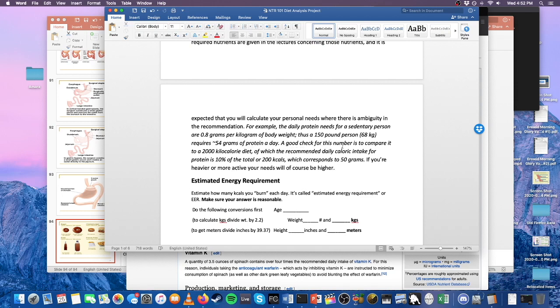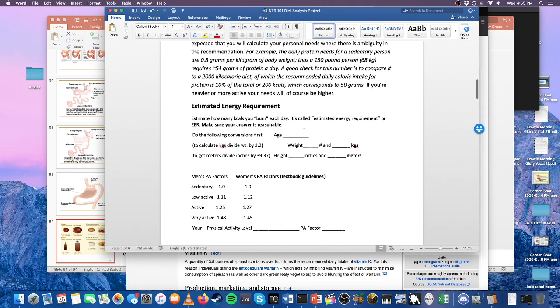If you multiply this by 4 calories per gram, that's about 200 calories of protein. And if you're following the guideline of 10% of your calories being from protein, that means you're on about a 2,000 calorie diet. This number is actually a little bit higher, but you get the idea. I think this person would actually need 2,100 calories for this amount of protein.